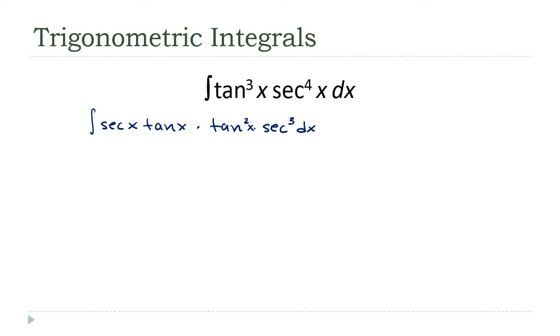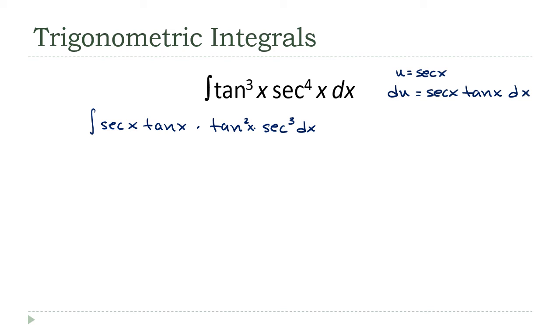Hopefully you can see the direction I'm thinking about going with this. Because I pulled out a secant tangent, and that is the derivative of the secant, I'm really looking to make that my du. So if I let u equal the secant of x, then du equals secant x times tangent x dx.